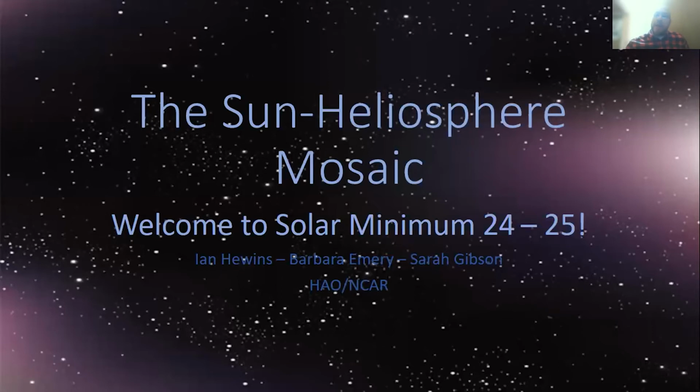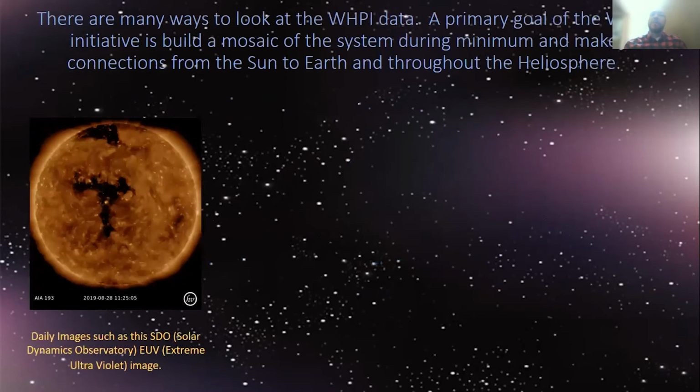I worked with Barbara Emery and Sarah Gibson on all of this, and you'll see more of this type of data from Barbara Emery. First of all, I just want to comment that you're going to see some things here that you saw Janet talking about, and let me begin.